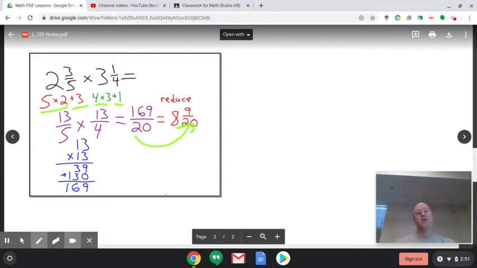Multiply your numerators, multiply your denominators, and then you have an answer. But you might have to reduce, so be careful. Whether it's reducing that improper fraction to a mixed number, or sometimes you might not have to reduce at all. So just pay attention to that. Don't forget to reduce. And again, show your work. This is really hard to do in your head without showing your work.